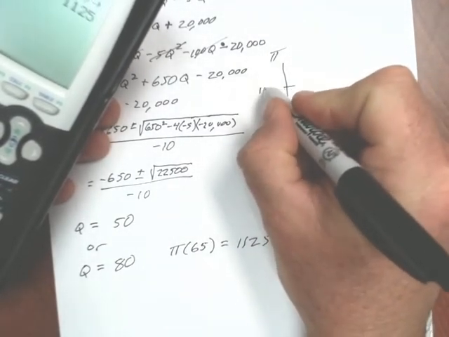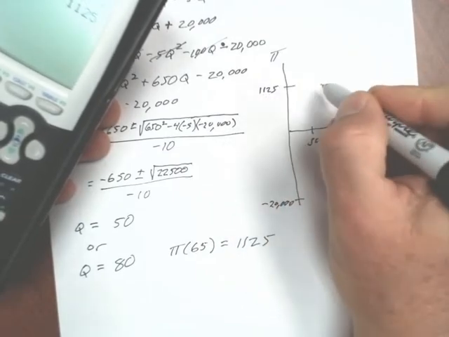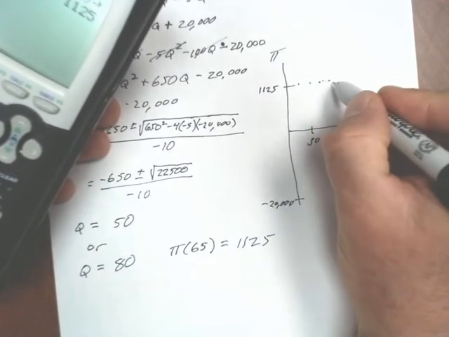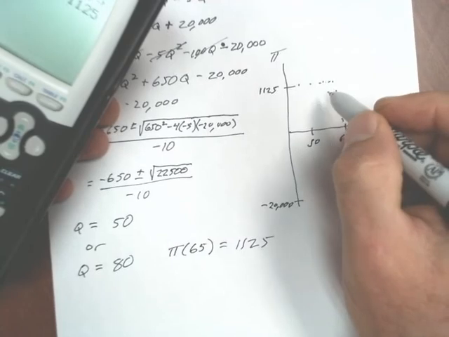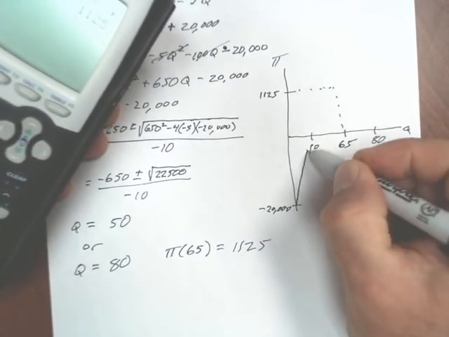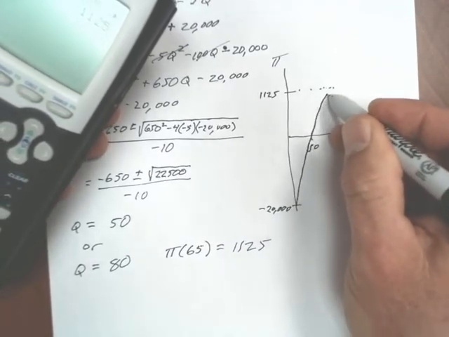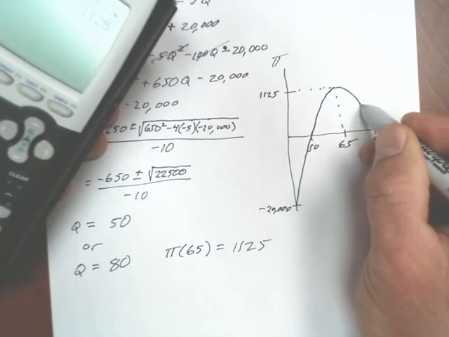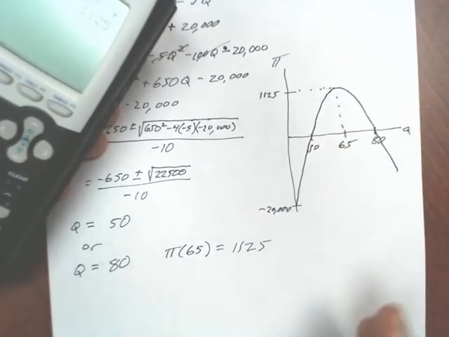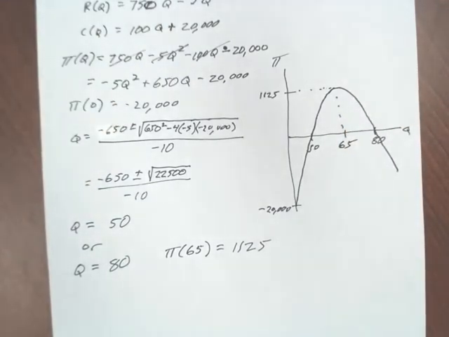That gives me 1125. So at 65 units, I've got a profit of 1125. And that is my profit function. It comes up like this. And that's graphing profit once again.